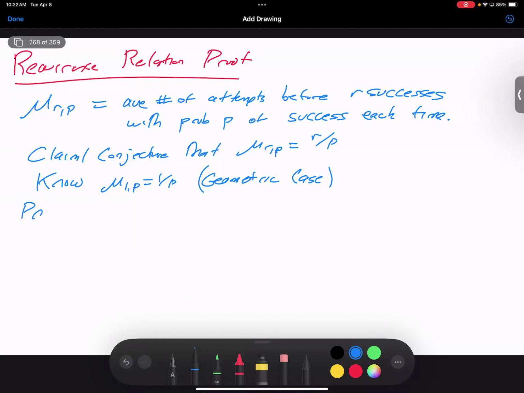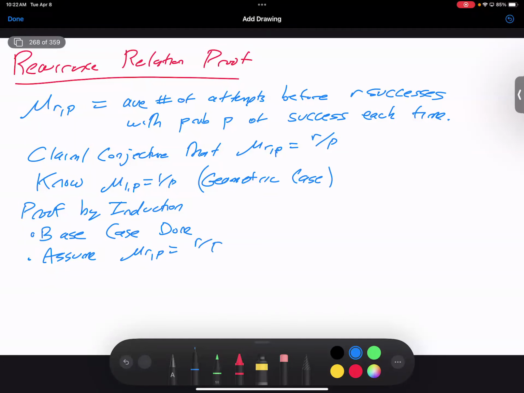So, proof by induction. The base case is done. So let's assume mu_RP equals R over P. Then let's calculate what mu_(R+1)P is. So what could happen on the very first toss?